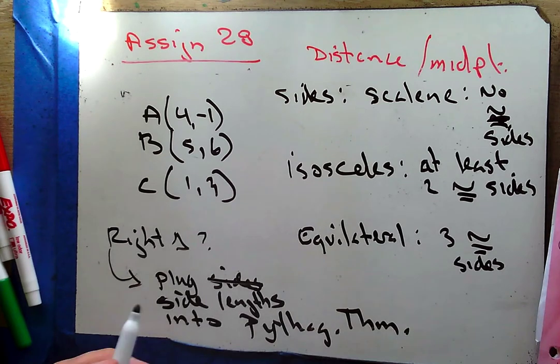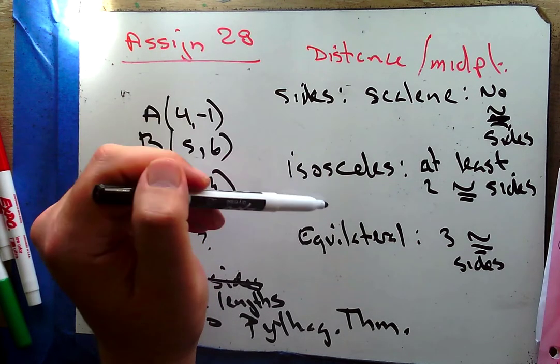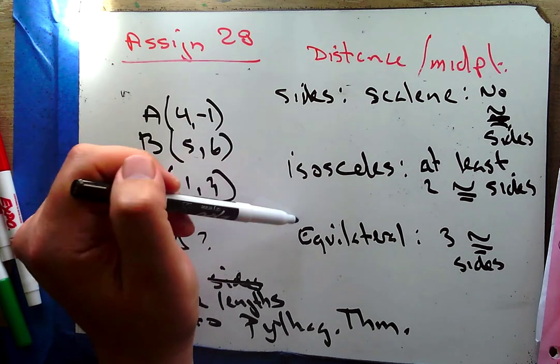If the side lengths work as a squared plus b squared equals c squared, then I can classify that triangle as a right triangle. Most of the ways that we're going to be classifying triangles right now will be based on the sides.